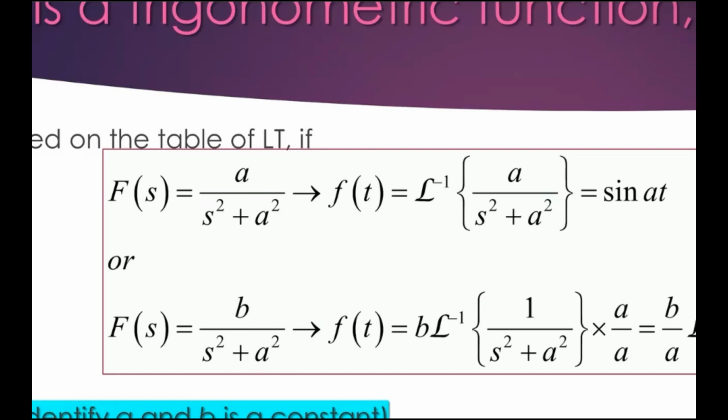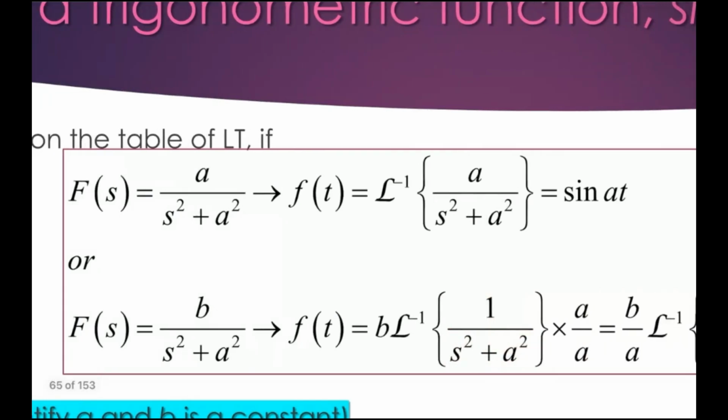But if we have b, what you need to do is first move this b outside. So you have b here, and then the Laplace of, if you take b outside, here will be 1. So you have 1 over s squared plus a squared. Now we want to use this function. Because here you need to have a, you multiply by a and also divide by a.